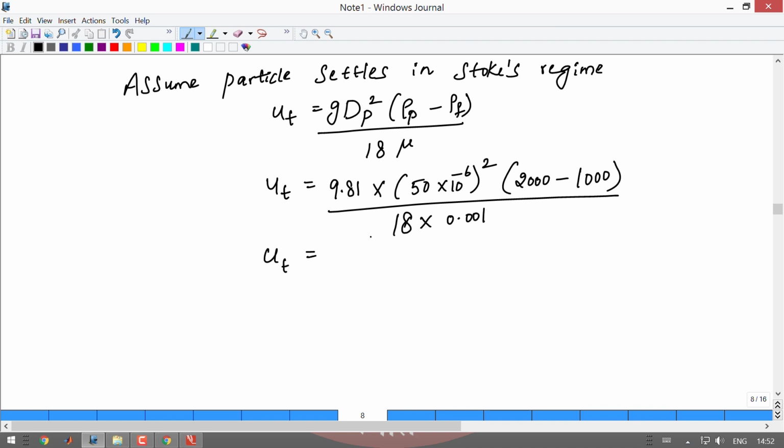So, the terminal velocity for the 50 micrometer particle comes out to be 1.36 into 10 power minus 3 meter per second. This is for a particle of 50 micrometer size.